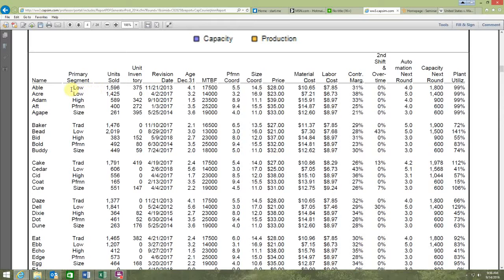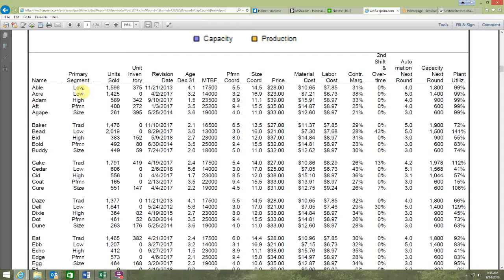It sold enough of Able that Able actually ended up getting classified as a low end product, even though it's still well positioned in the traditional segment. But it sold more in the low end than it did in the traditional segment, and so that's why it ended up getting classified as a low end product.